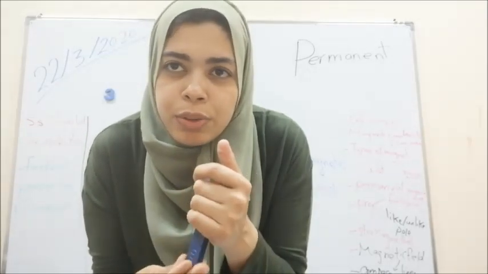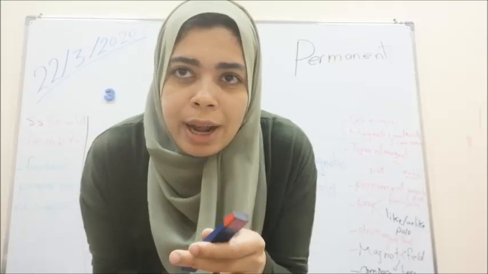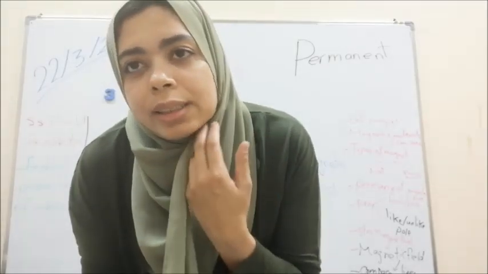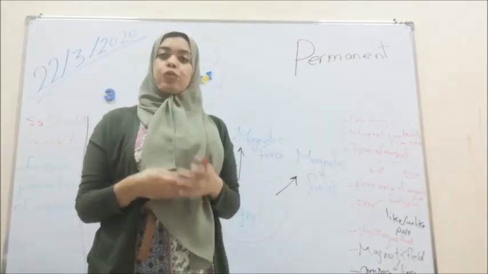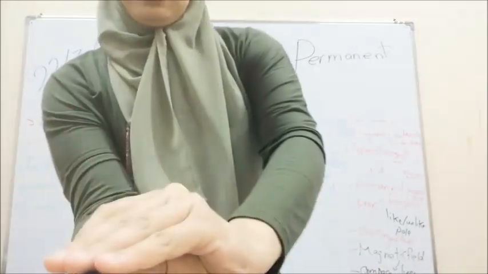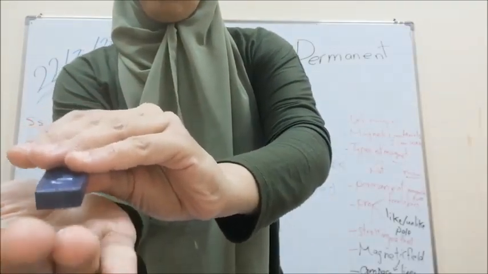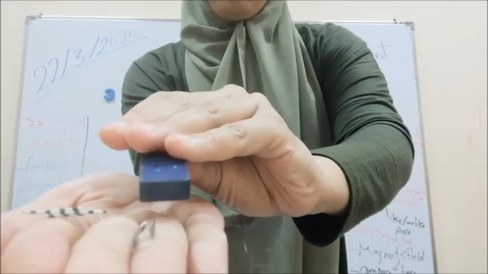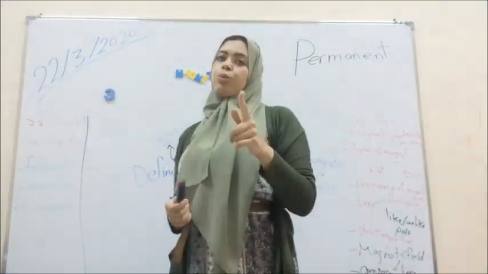We call these materials magnetic materials. The materials which are attracted by the magnet are called magnetic materials. So a magnet is an object that attracts or pulls something toward it. This is the first point.